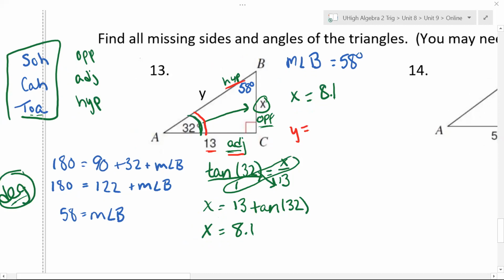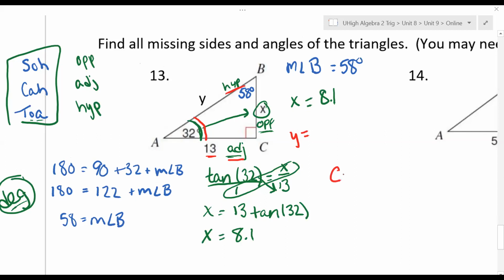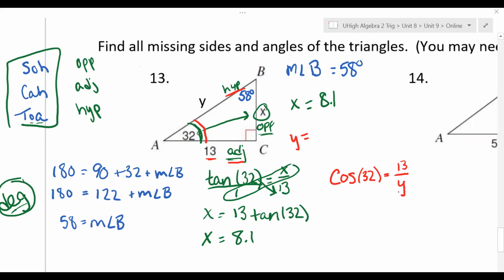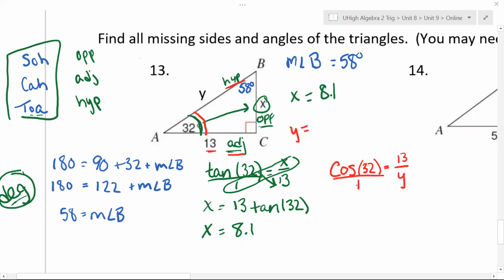The function that uses adjacent and hypotenuse is my cosine. So I'm going to say the cosine of my angle, which is 32 degrees, equals my adjacent, which is 13, over my hypotenuse, which is y. Again, I'm going to use those cross products here.